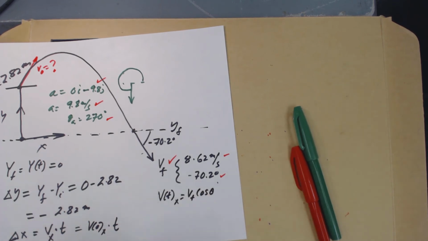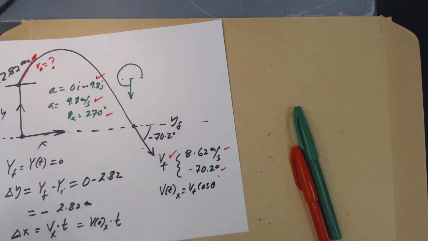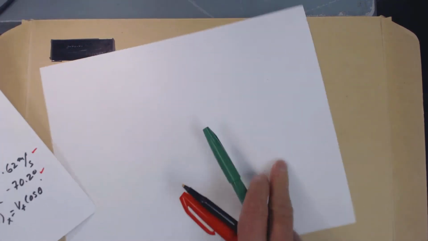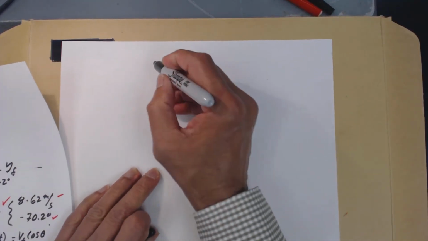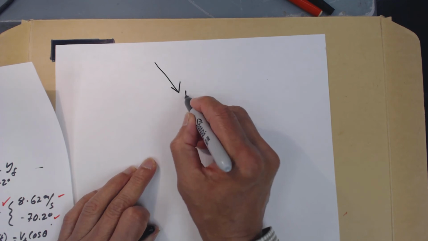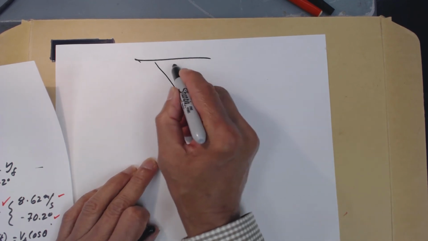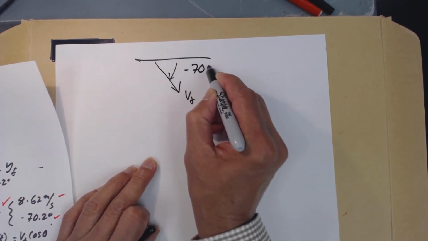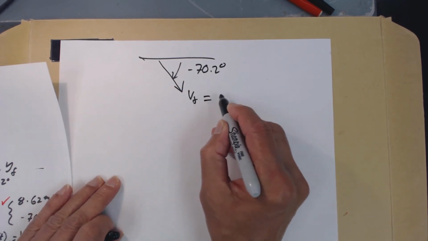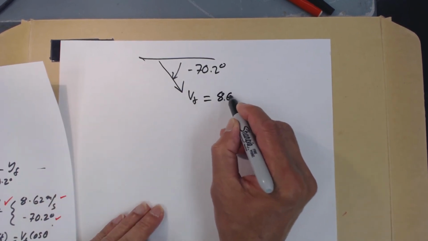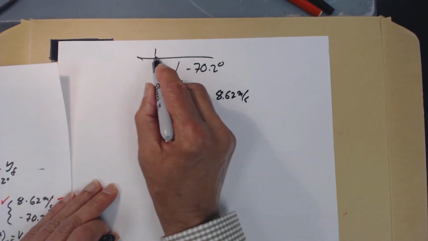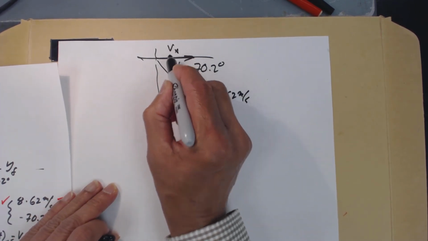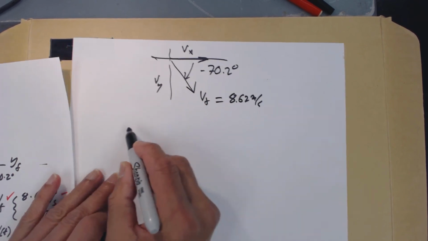So let's calculate these. Maybe I'm going to use a piece of paper here, a bigger paper. We know vector Vf is making an angle minus 70.2 degrees. Vf is given to be 8.62 meters per second. We want to find the x and y components. This is Vx, this is Vy.